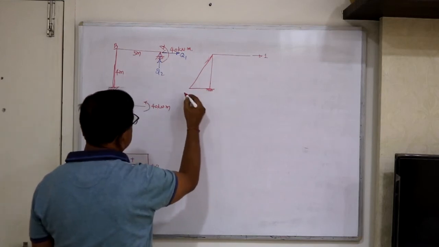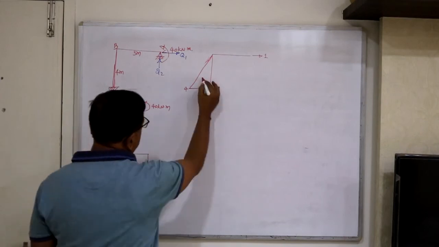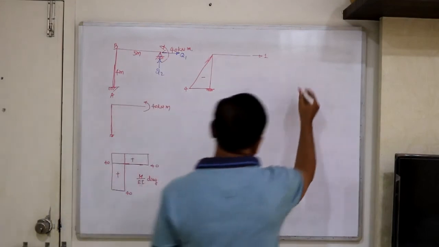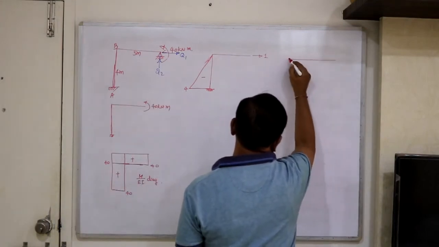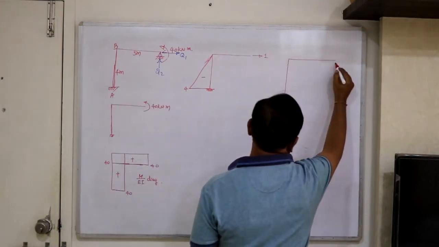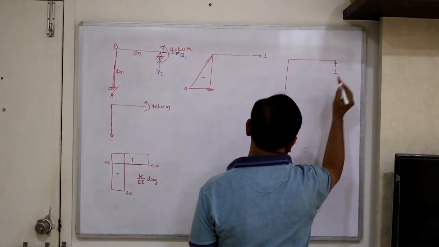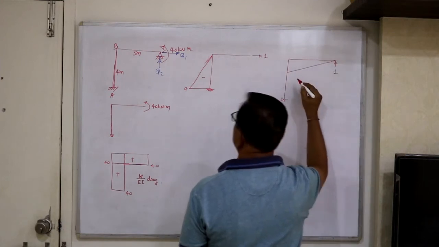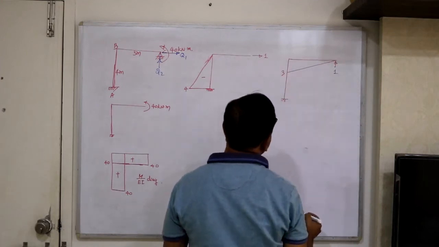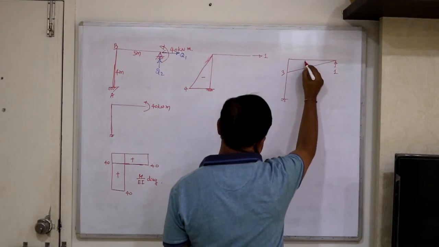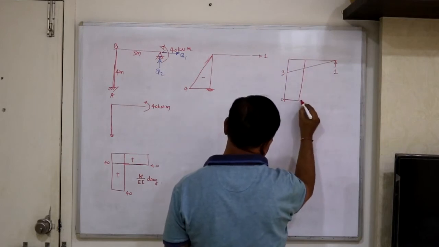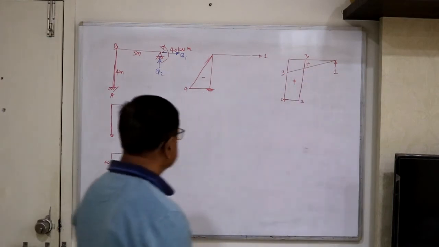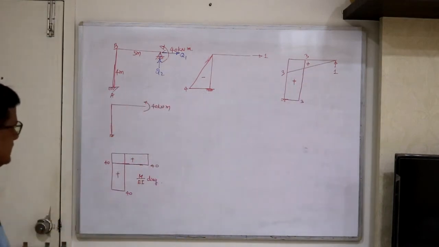This is 1 into 4, so this ordinate is 4, outside minus. Next, let's apply a unit load here, and your diagram will be like this. 1 into 3, this is 3, and for this it is a rectangle. This is 3, this is 3. This is plus, because it is inside, and the other is outside.